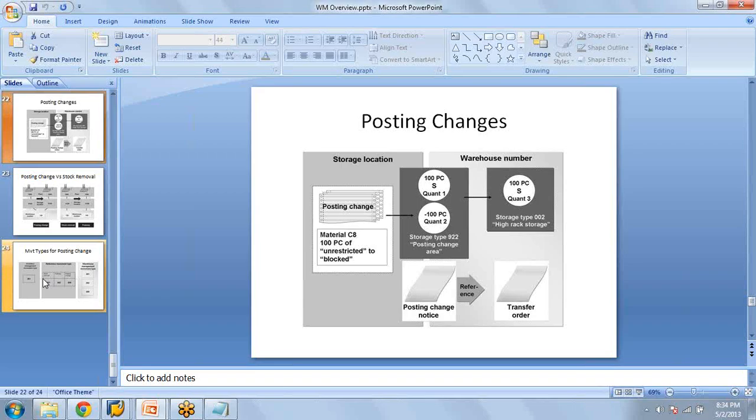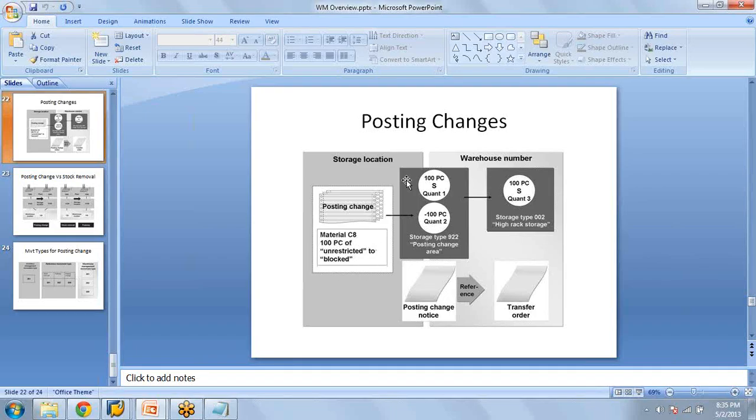But here, the posting change is the same as a TR, but it is created when you change any quant characteristic. For example, you have procured some material to the blocked stock. Material C8, 100 pieces, are procured in blocked stock due to some reasons. After clarifying all that, now they want to transfer the material from blocked stock to unrestricted stock.